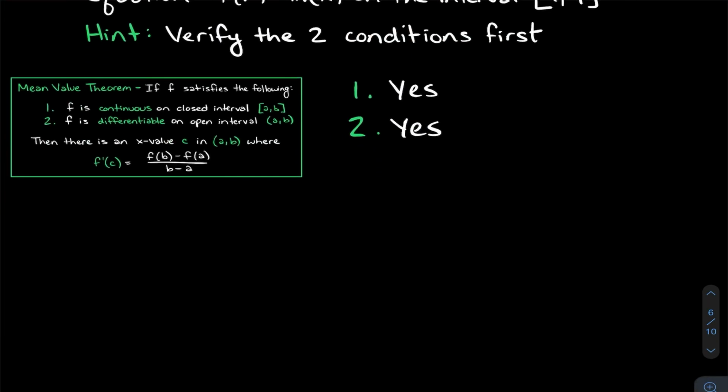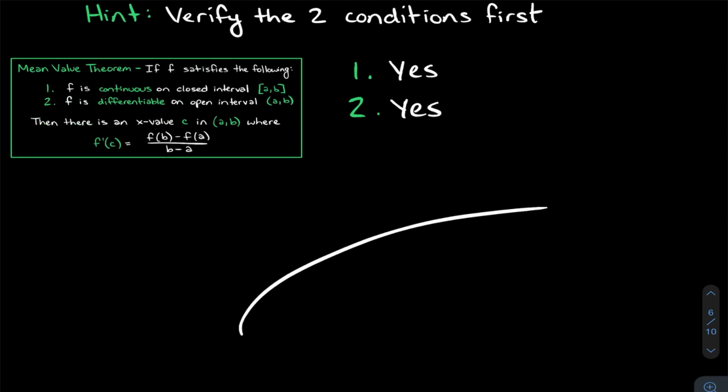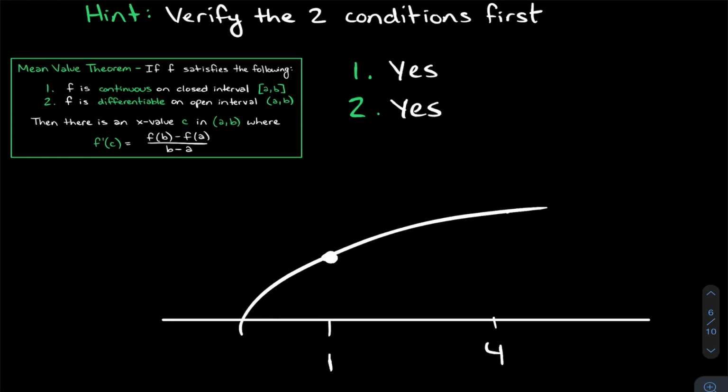It looks like this guy. And what we're going to be doing with this curve is, let's say this is x equals 1 and that's x equals 4. We're going to take the 2 points and draw a straight line that connects them.